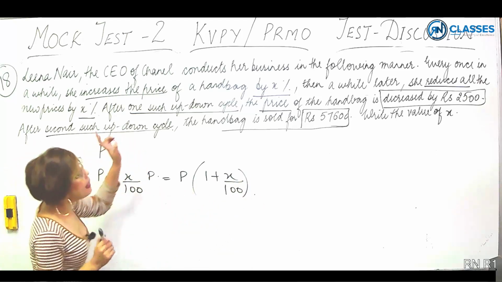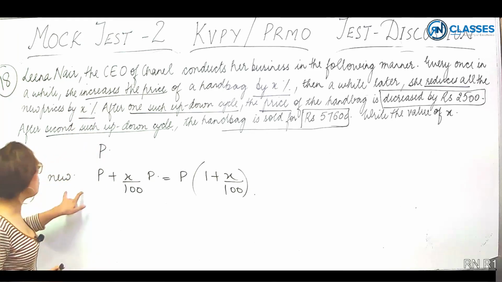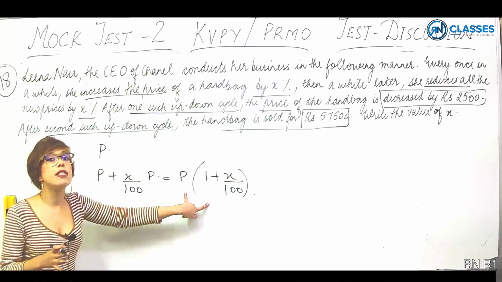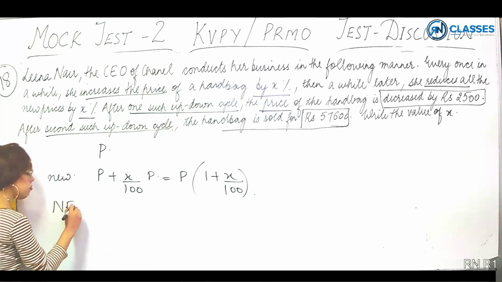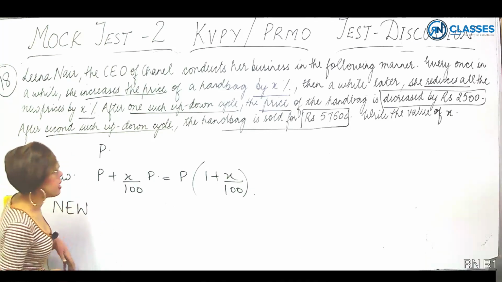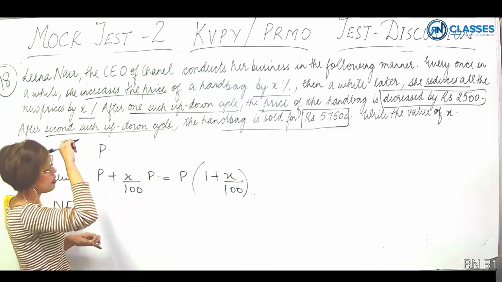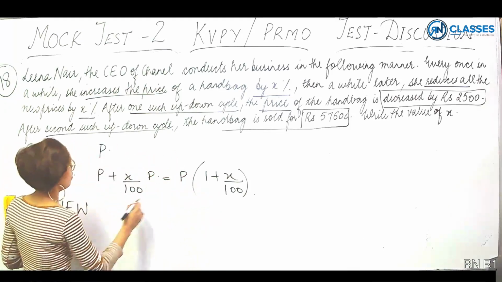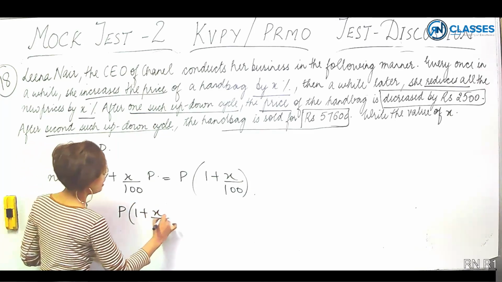Now what she does, a while later she reduces all the prices by X%. Now her price is this, and she reduces by X%. So I get the new price, more new basically. She reduces the price by X%. So I have my price P into 1 plus X by 100.